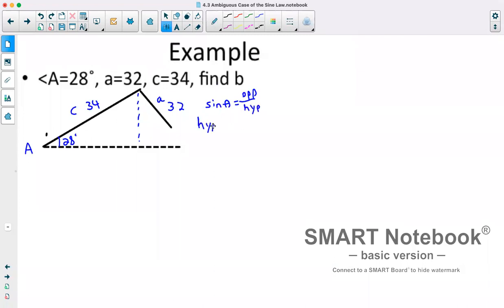So we have hypotenuse times sine of our angle gives us our opposite side. So 34 sine of 28 gives us our opposite. So we have a height of 16. So since this is larger than this and less than this, we have two triangles.